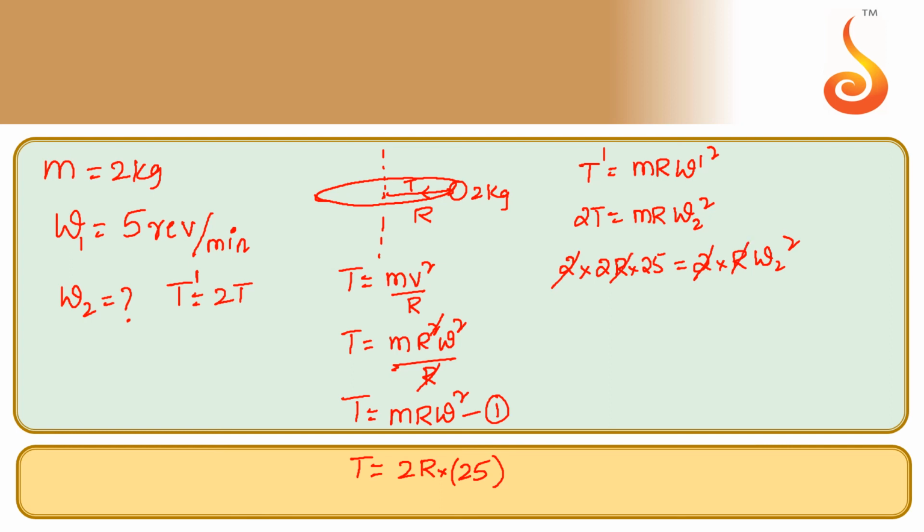So 2 into 25, which is 50, is equal to omega 2 square. So omega 2 is equal to under root 50, which is equivalent to 7.07 revolutions per minute.